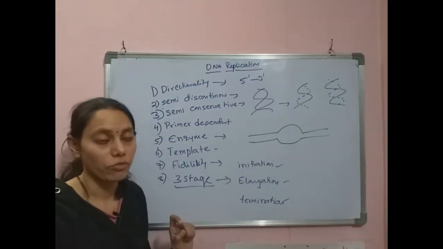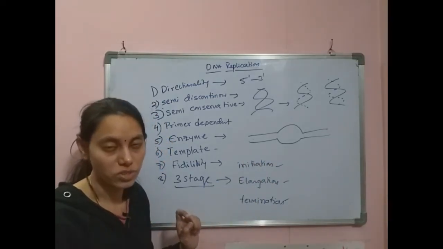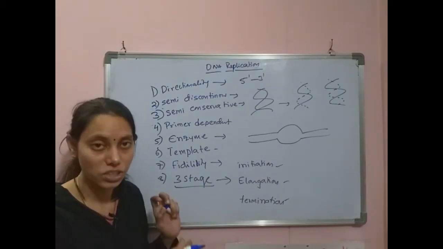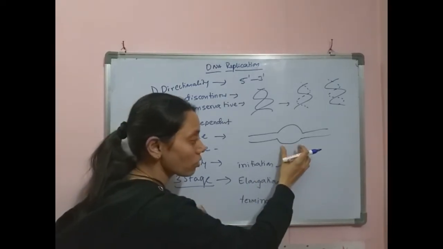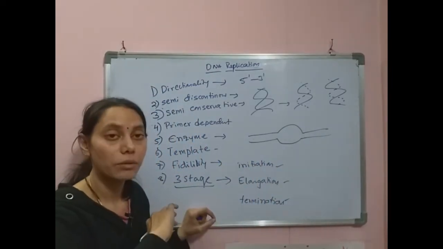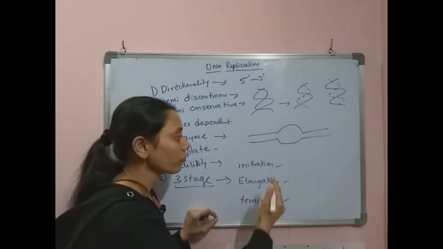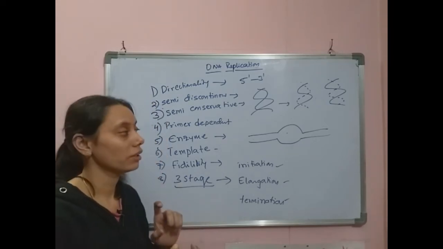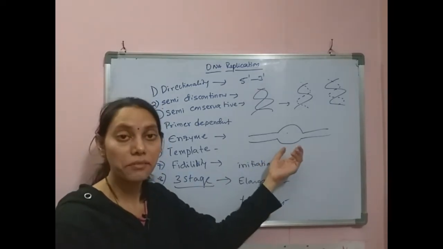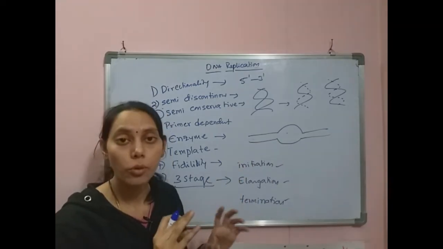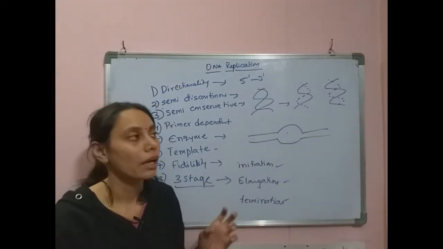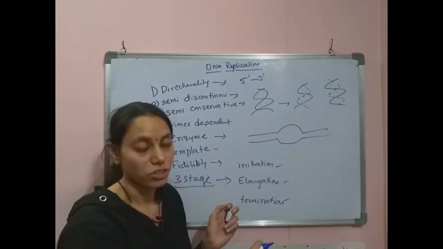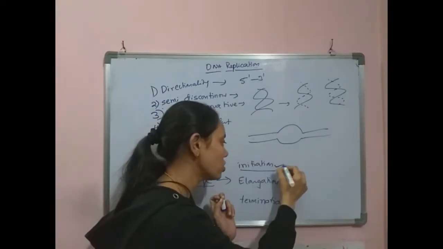One open complex will be formed at a small localized position called the origin, where DNA replication must be initiated. At that origin of replication, the DNA replication machinery must be attached. DNA binding proteins help to bind the DNA, and they make some topological changes in the DNA, and also bring replicative enzymes to the site of replication. This is the process called initiation.